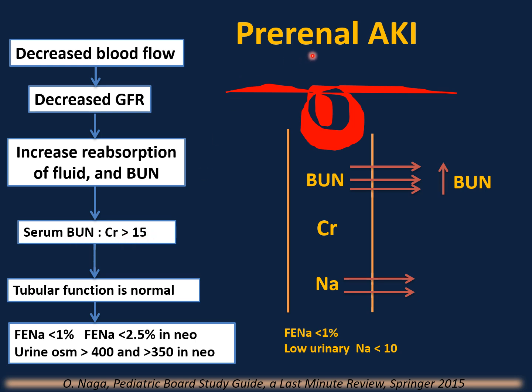So finally, remember that in pre-renal acute kidney injury, you will have the BUN to creatinine ratio increased, low urinary sodium and high urine osmolarity. Why? Because the renal tubules are healthy and the aldosterone is able to work on them with no problem. If you do not treat these children on time, this will cause damage to the renal tubules and will move from pre-renal to renal acute kidney injury, and the problem will be worse, and all these numbers will change.